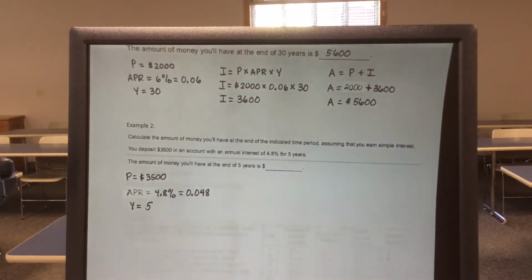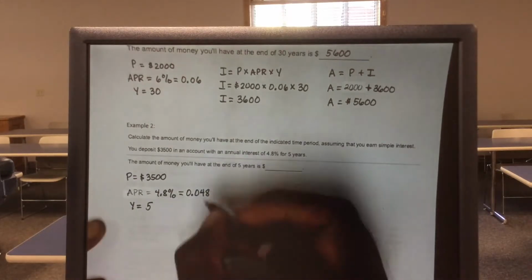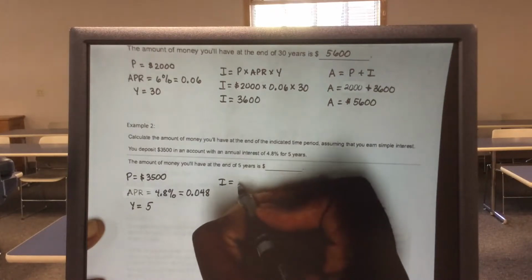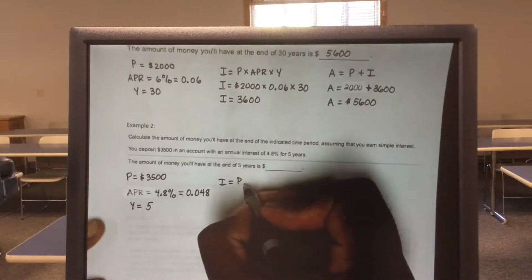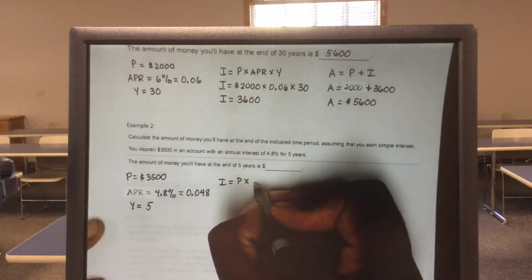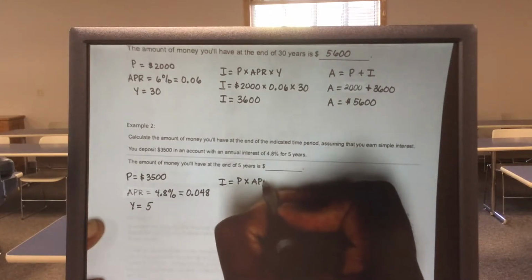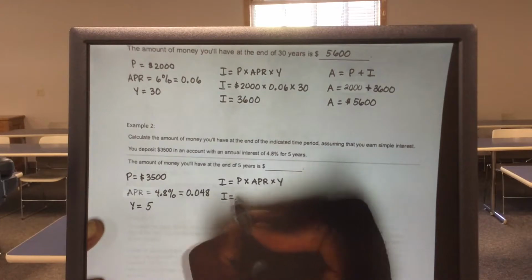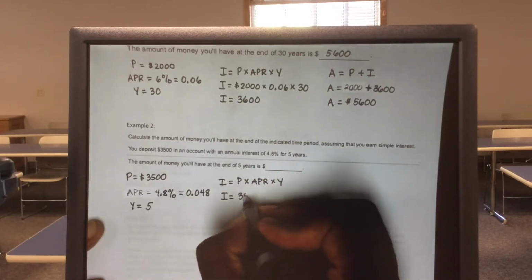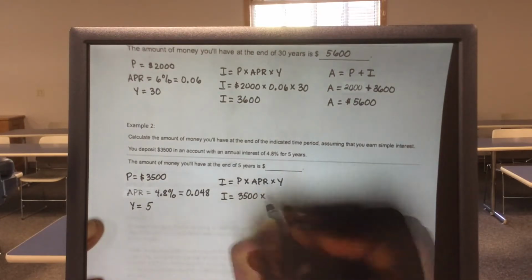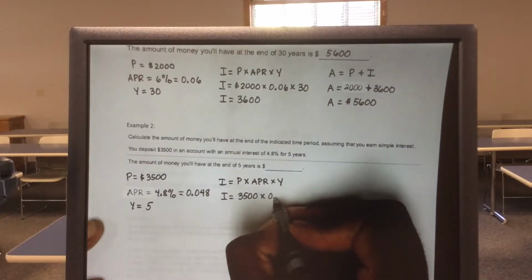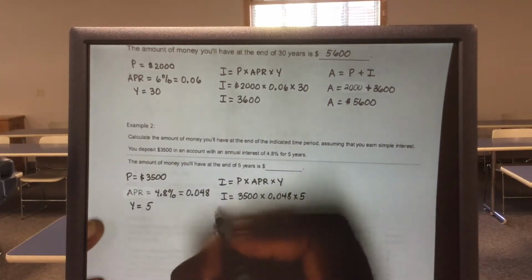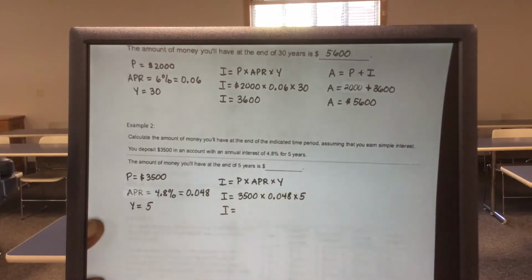Okay, so now to find the interest first, we use that same formula that we used in the first example. I is equal to P times APR times Y. Your P in this case is 3,500 times your APR of 0.048 times Y, which is 5.